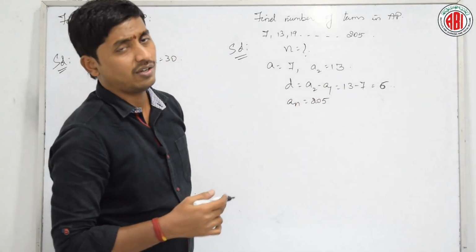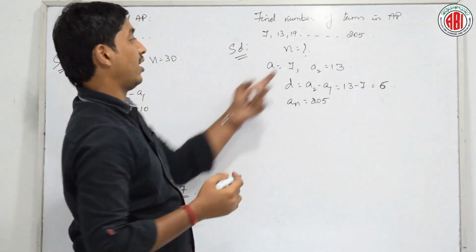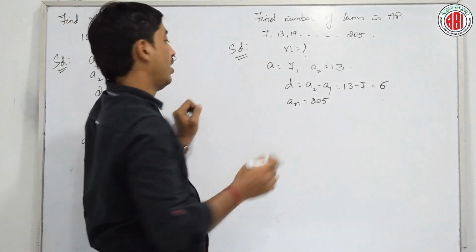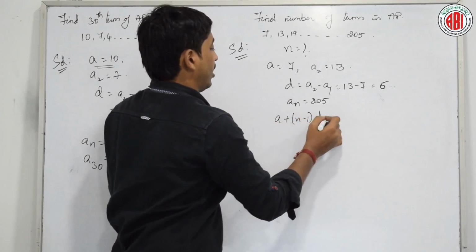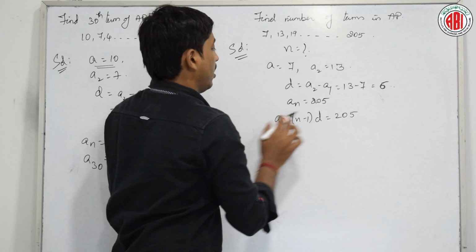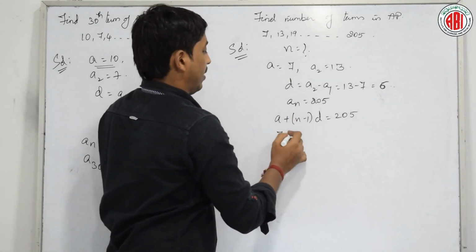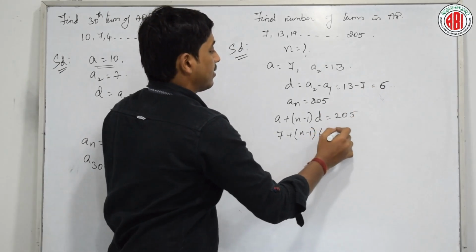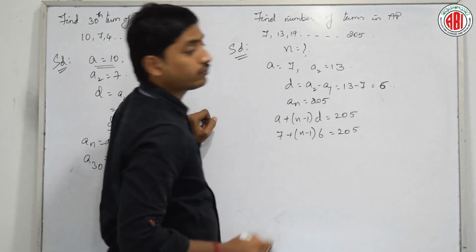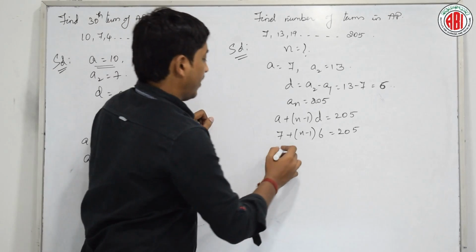Just substitute the values into the formula and let us find the value of n. What is the formula for an? a plus n minus 1 into d, that is 205. What is a? 7 plus n minus 1 into what is d? 6 is 205. Now let us simplify.